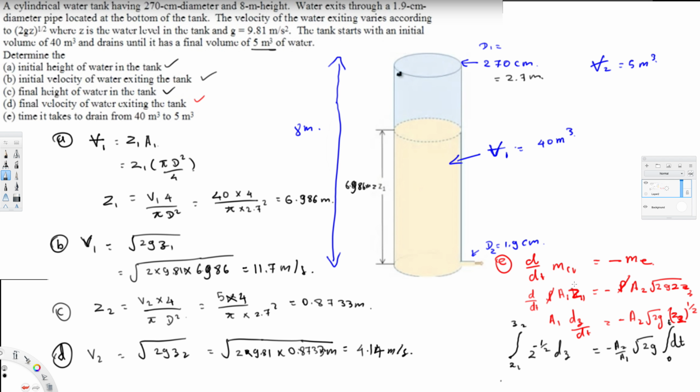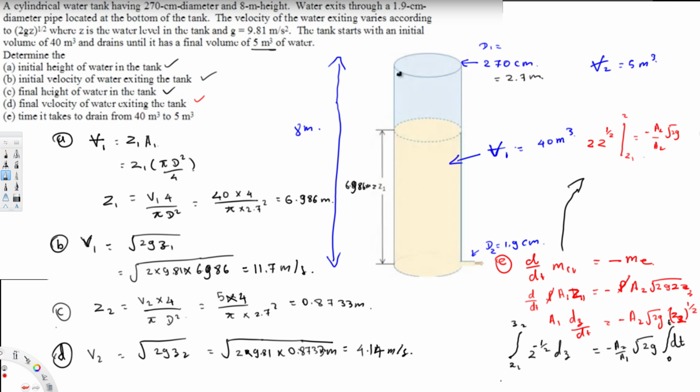So let's continue maybe here. So I'm continuing right here. If I integrate this one, what are we going to get? Plus 1, power plus 1, that's going to be plus half, divided by that power, that's going to give us 2z power half, and that is from z1 to z2, right? It is equal to, this one is going to be minus A2 over A1 square root of 2g.